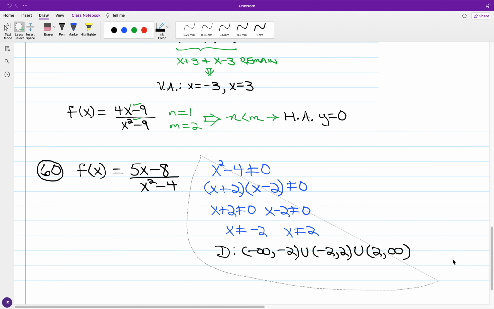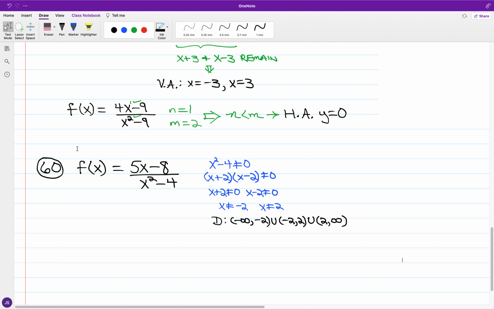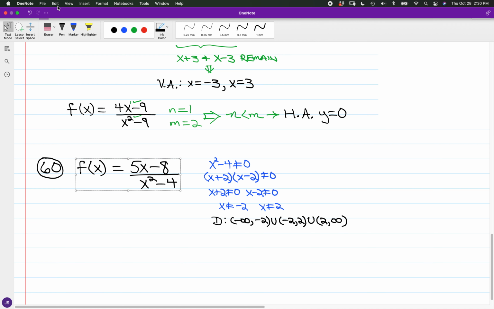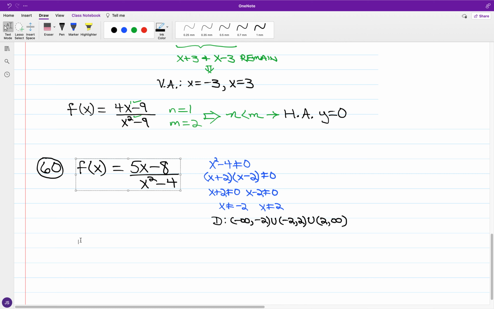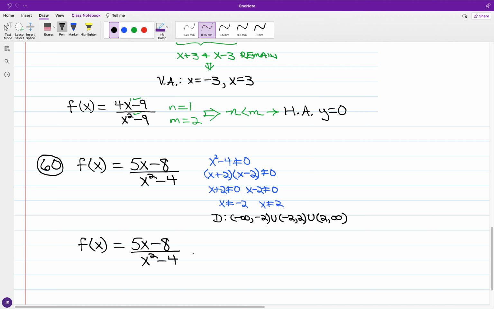And in terms of the vertical asymptote, you've got 5x minus 8 all over x plus 2 times x minus 2. And again, this expression is already in simplest terms.